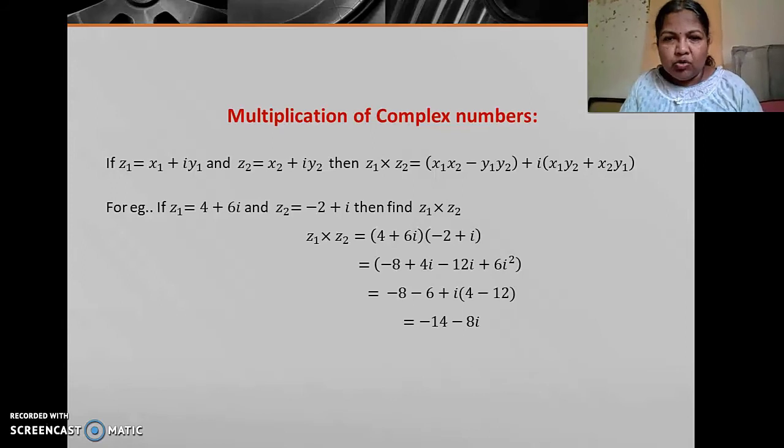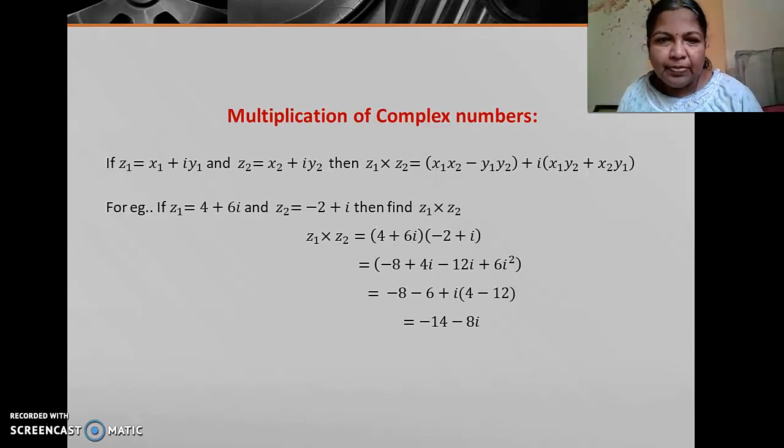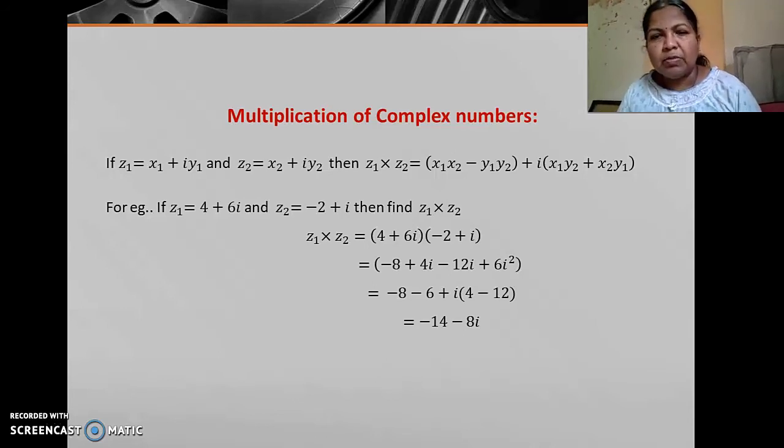As we have two brackets, the common way of multiplying is we multiply 4 to both the values in the second bracket. Hence I am multiplying 4 to minus 2, which gives me minus 8, plus 4 into i gives me 4i.